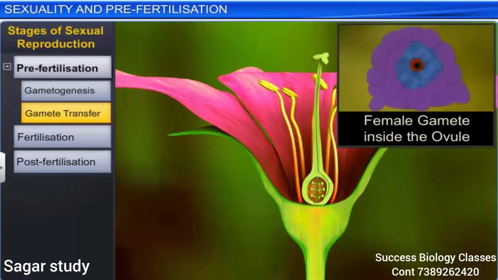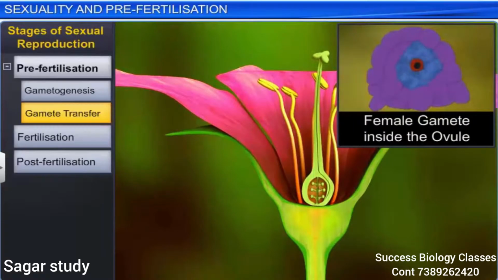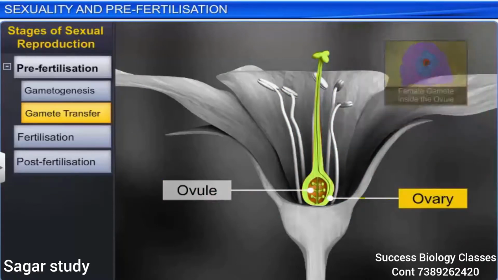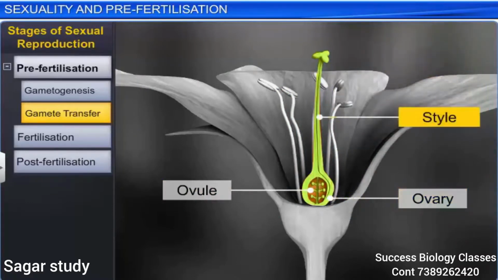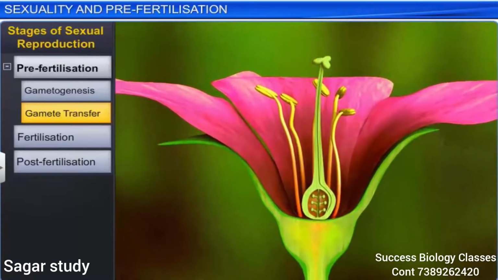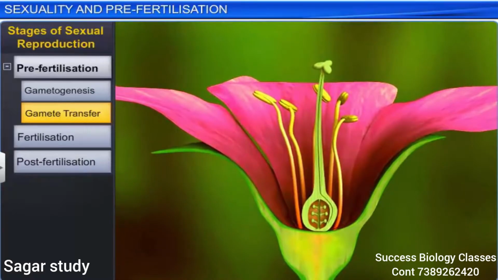The female gamete, on the other hand, lies inside the ovule, a part of the ovary, which together with the style and stigma comprises the pistil. For fertilization, it is necessary for pollen grains to be deposited on the stigma so that they reach the embryo sac.